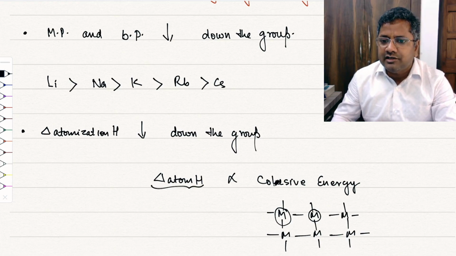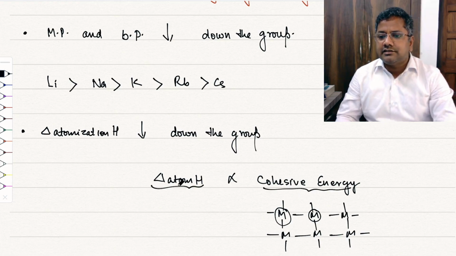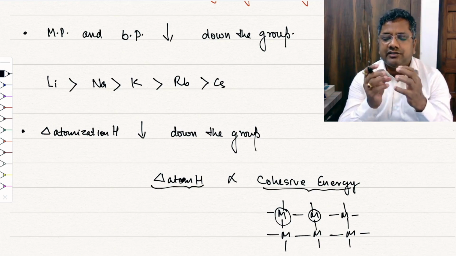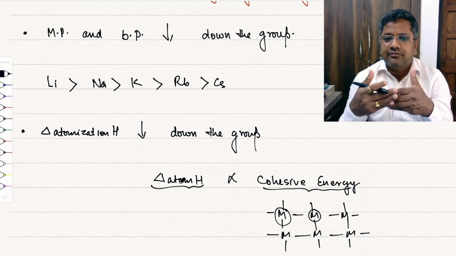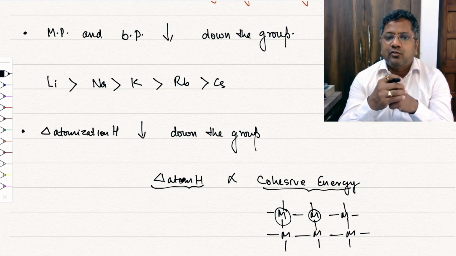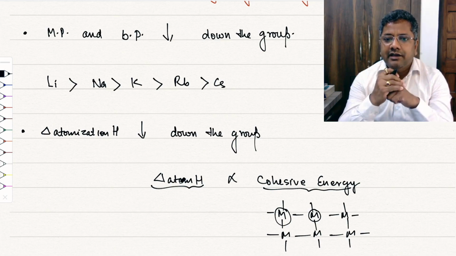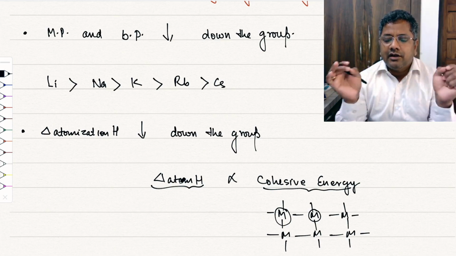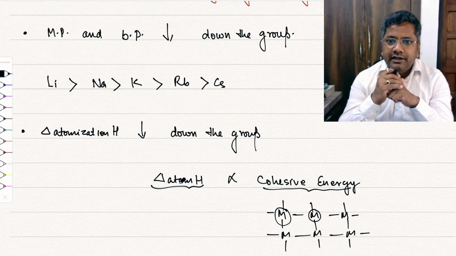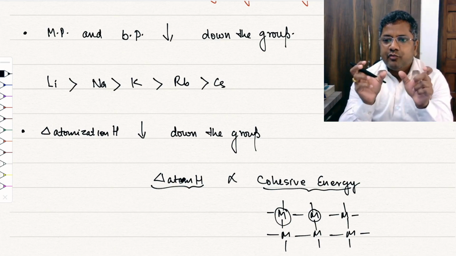This is very important, because delta H atomization is a part of the standard electrode potential. So when we determine the E naught value for any ion or element, this has a very important role.